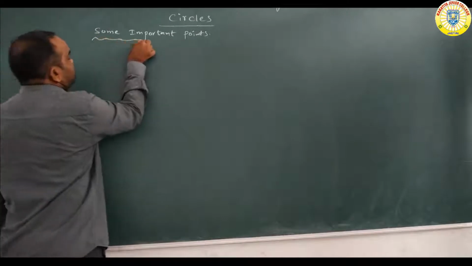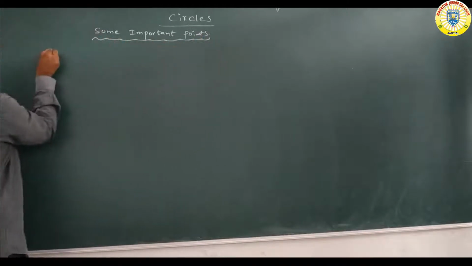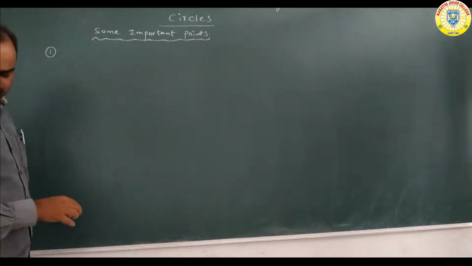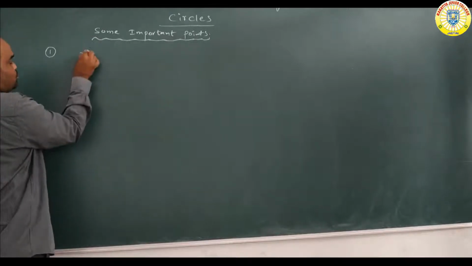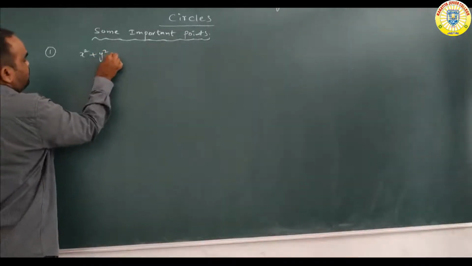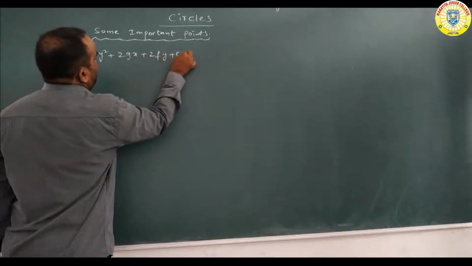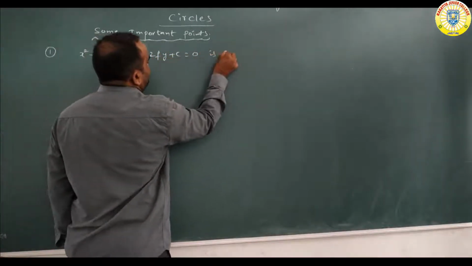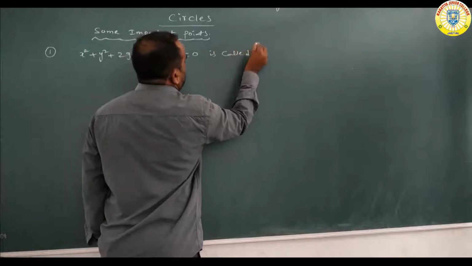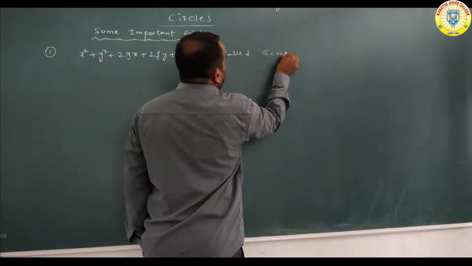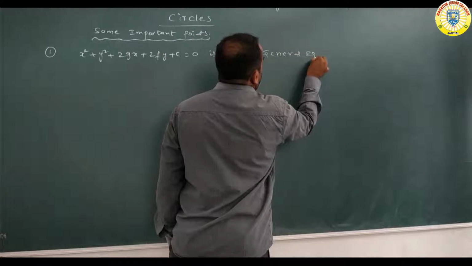So first one, what is the first equation, sir? x square plus y square plus 2gx plus 2fy plus c is equal to 0 is called, which one, sir? General equation.